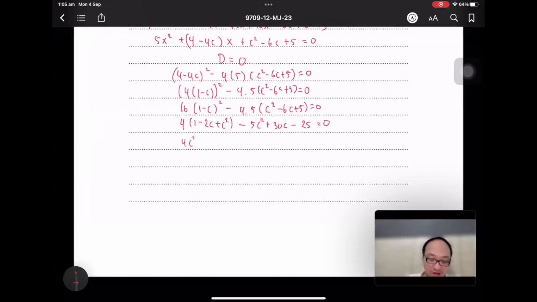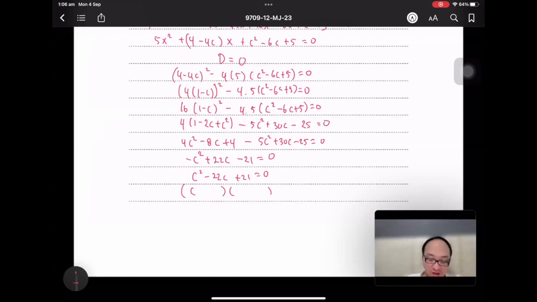So 4c squared minus 8c plus 4, minus 5c squared plus 30c minus 25. So minus c squared plus 22c minus 21 equals 0, or c squared minus 22c plus 21 equals 0.